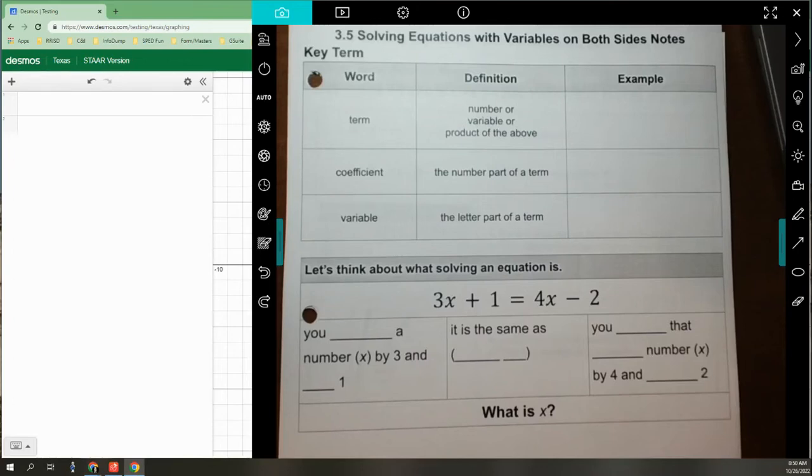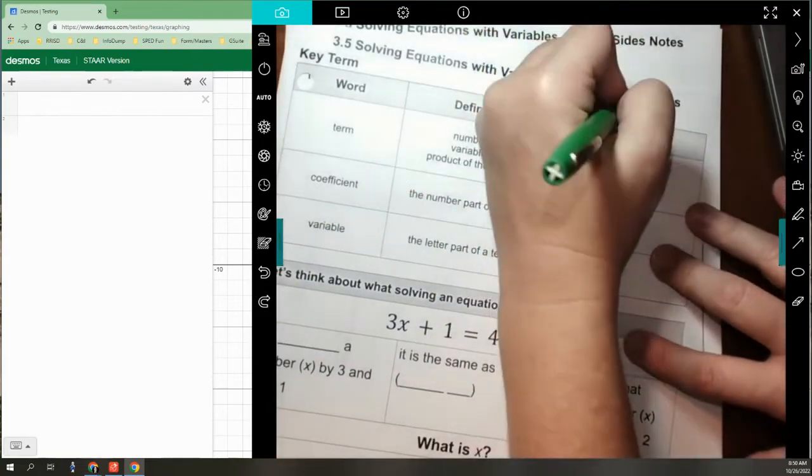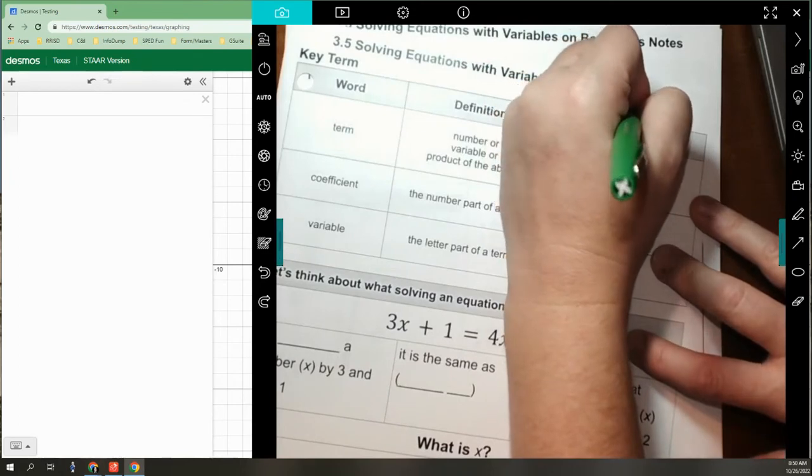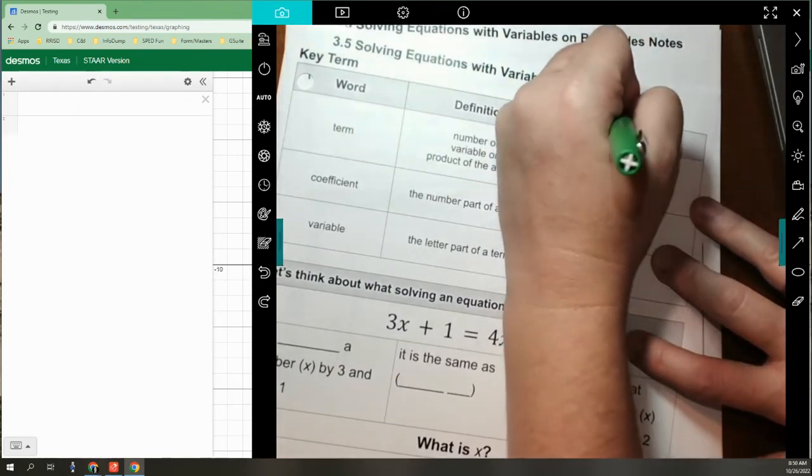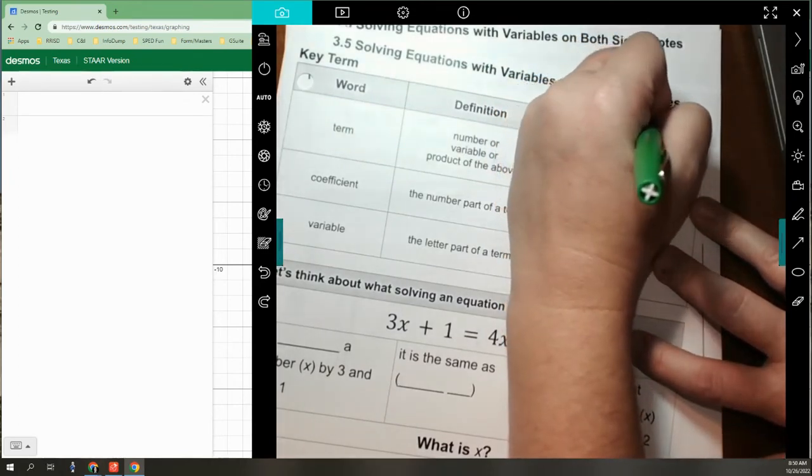Okay, good morning. We are going to be working on lesson 3.5, solving equations with variables on both sides. First step, we are going to go ahead and put your name and class period on all of the pages.